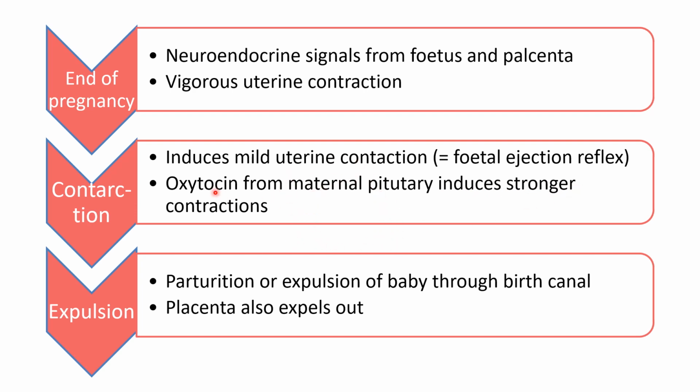So oxytocin inducing stronger contraction, again stimulating pituitary to release more oxytocin, further inducing stronger contraction. So eventually contractions grow stronger and stronger and end in expulsion, that is parturition. The baby is delivered through the birth canal and placenta is also expelled out.